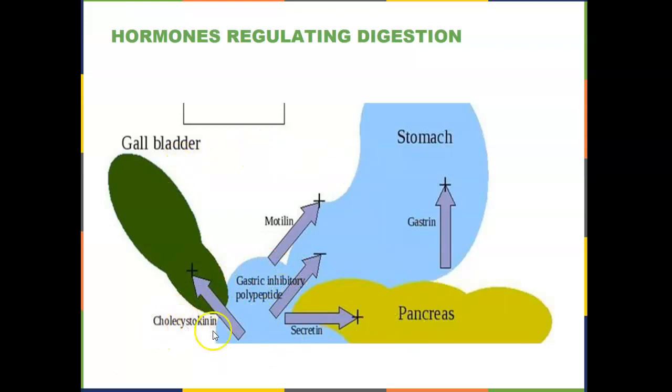So cholecystokinin is released by the small intestines, the duodenum specifically, in response to very low pH liquids coming out of the stomach, and it stimulates the gallbladder to release bile to emulsify the fats that are coming with that low pH liquid coming out of the stomach. The idea here is if you eat a whole bunch of lipids, the hydrochloric acid in your stomach has no effect on that oil because it can't get at it.